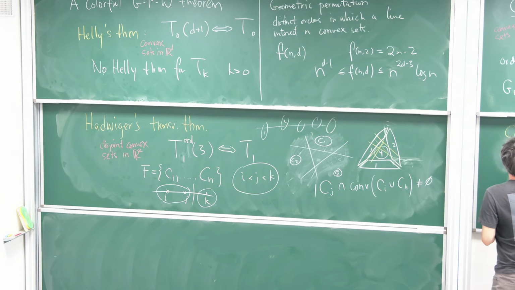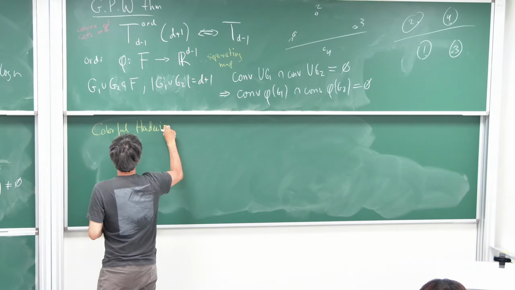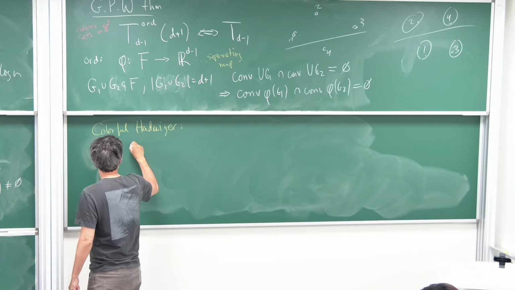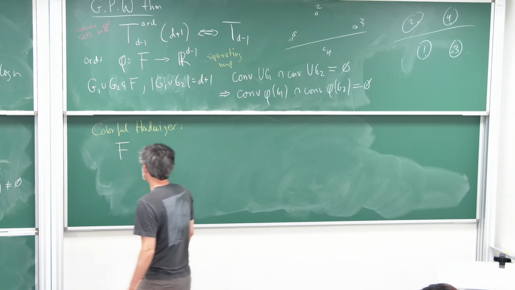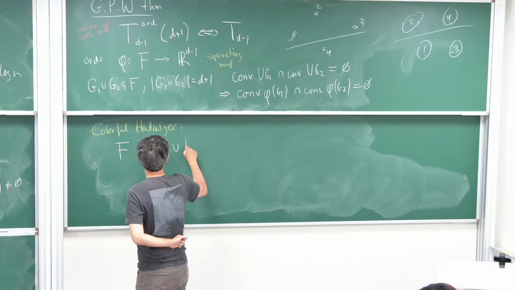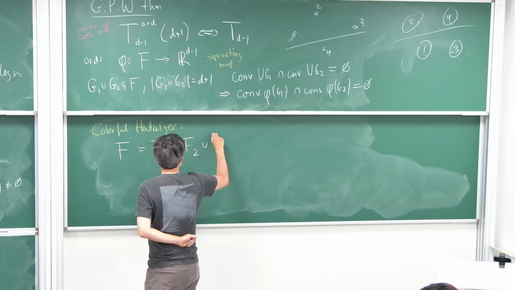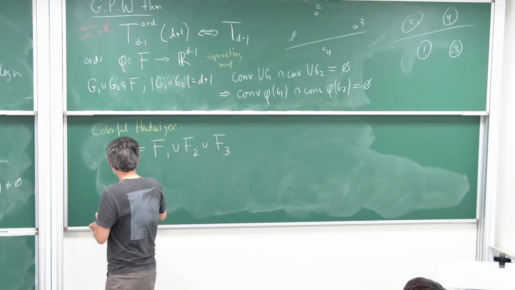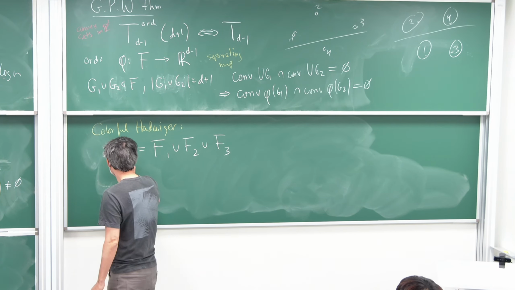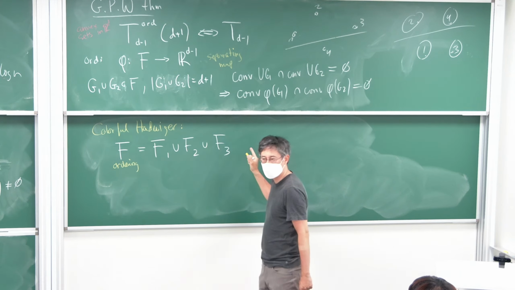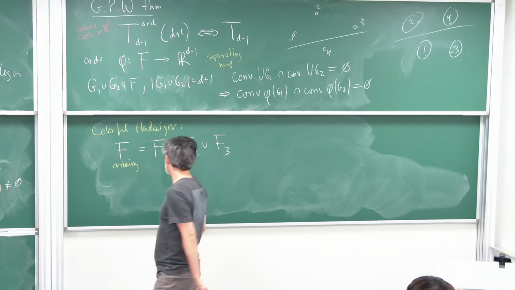Colorful Hadwiger. Okay, so now I have a family of convex sets, and I'll write them F1 union F2 union F3. Okay, and now there will be an ordering on the union.